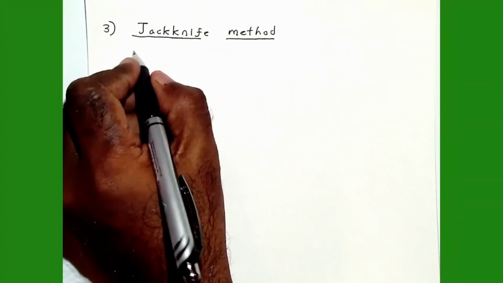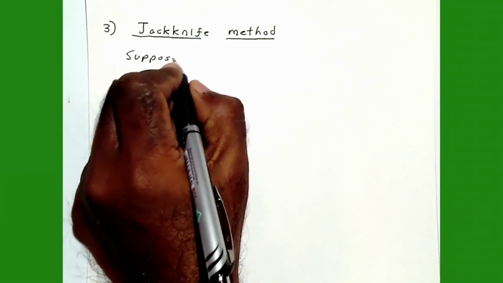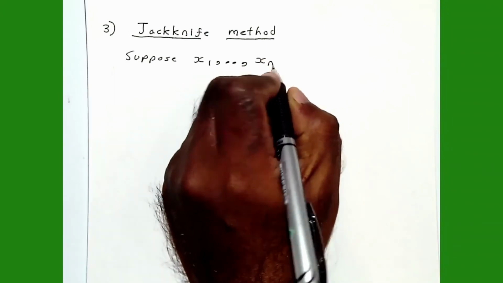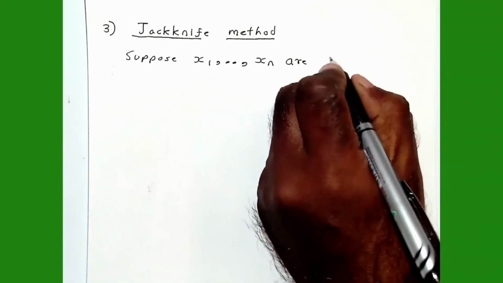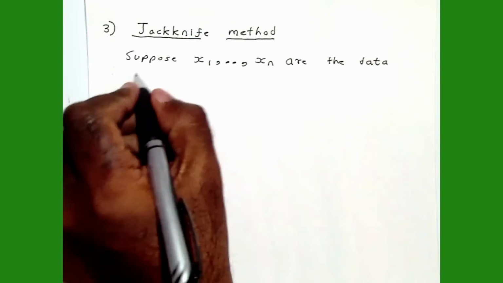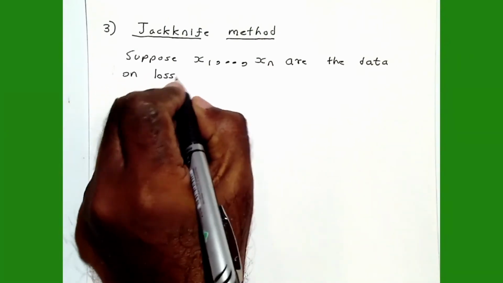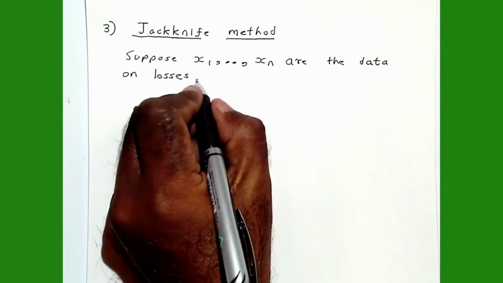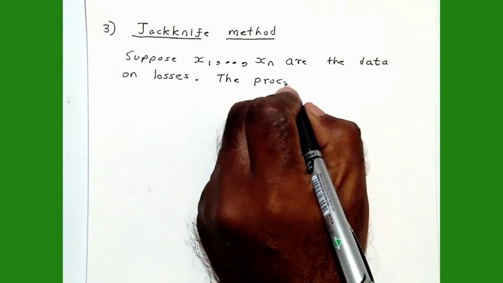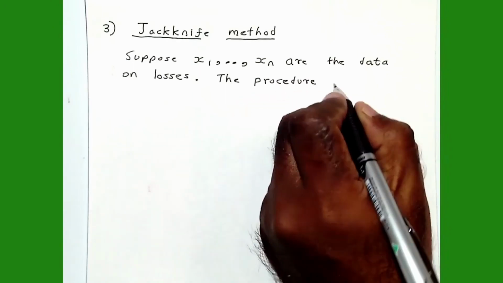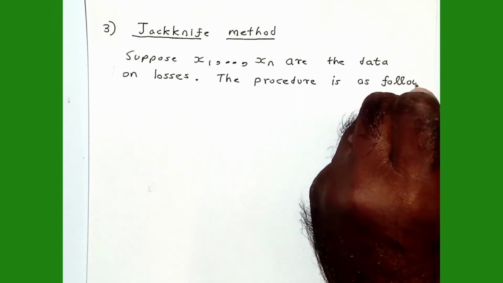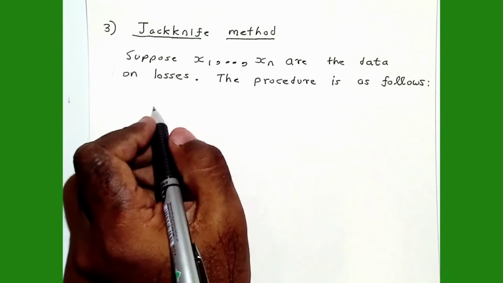Okay, suppose once again that x1 to xn are the data on losses. All right, the procedure is as follows. The procedure for computing VaR.